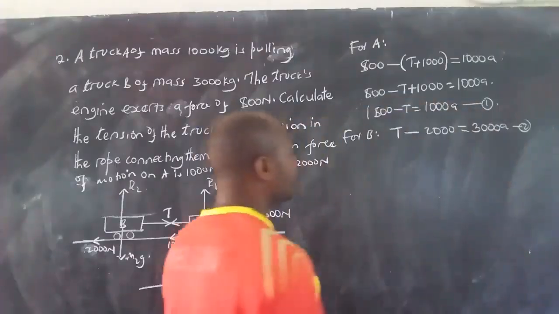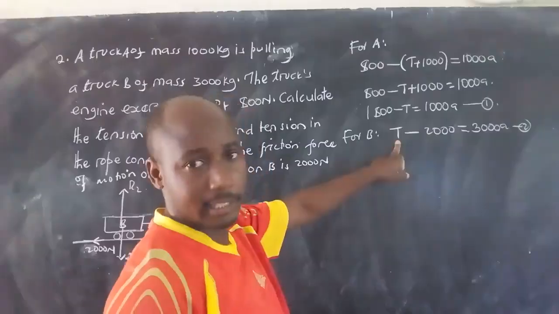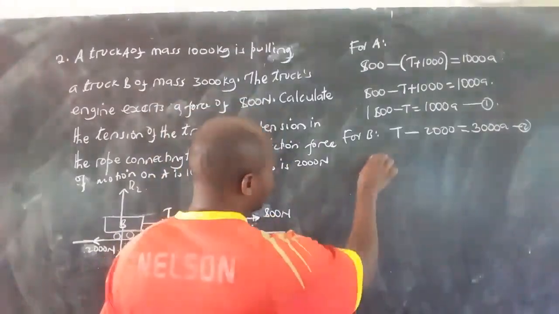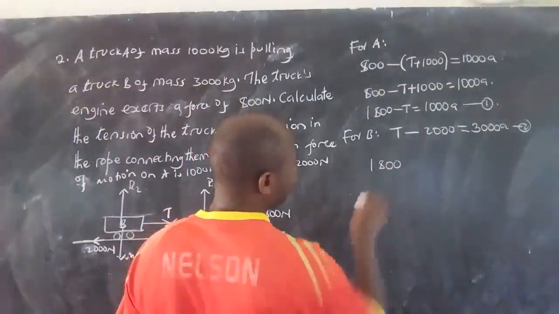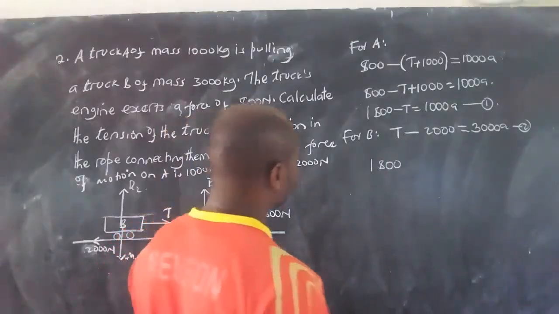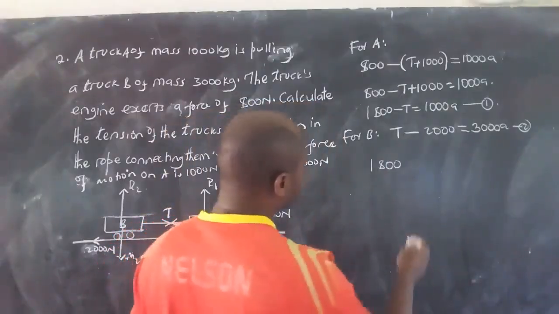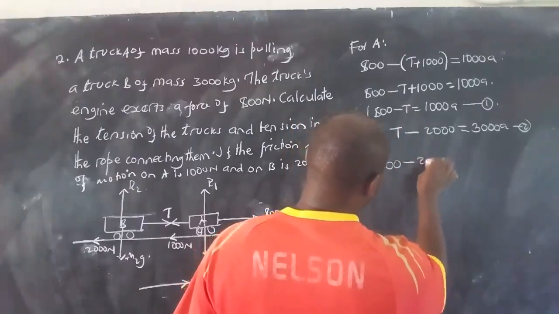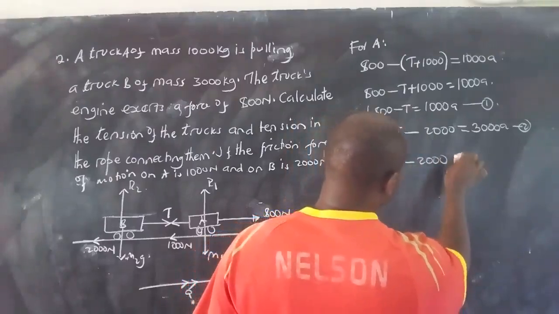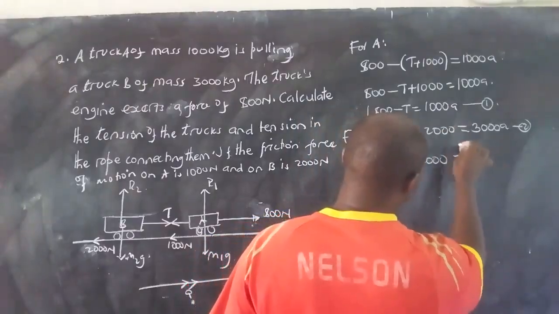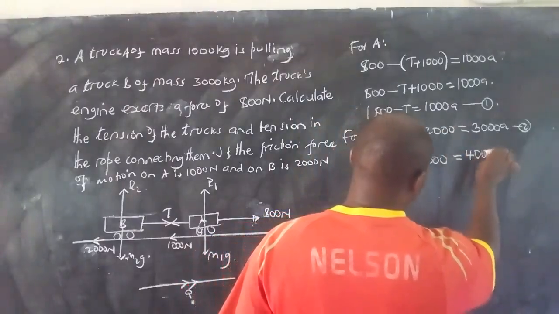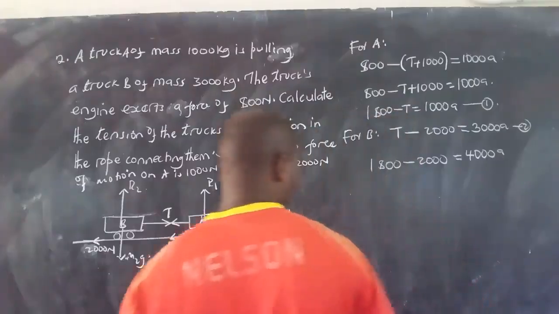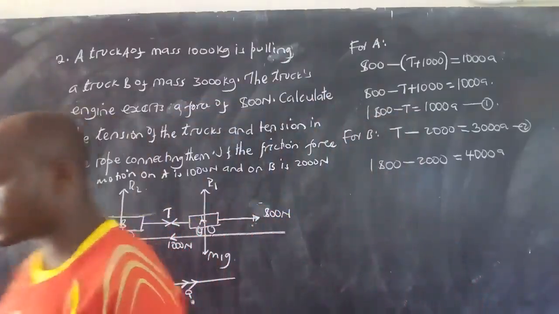So we're going to eliminate T. How do we eliminate it? We add, okay? So we shall have 1,000 A like this, 800 minus, so here we are adding, minus 2,000 should give us, we add, this is 4,000 A. But there is a mistake.